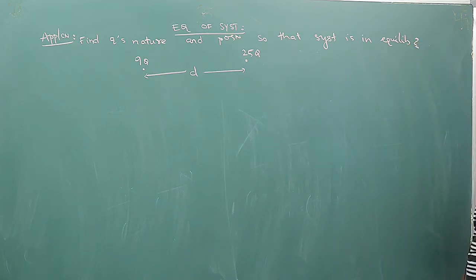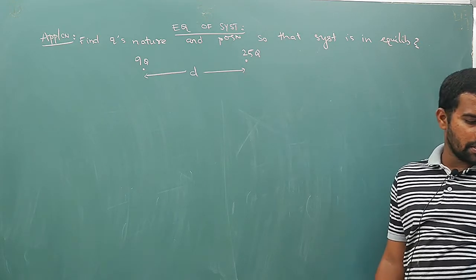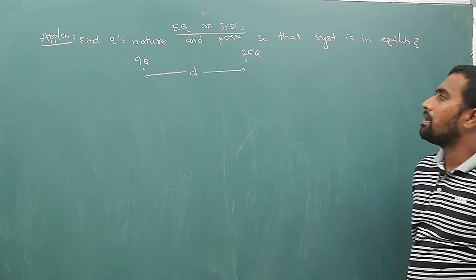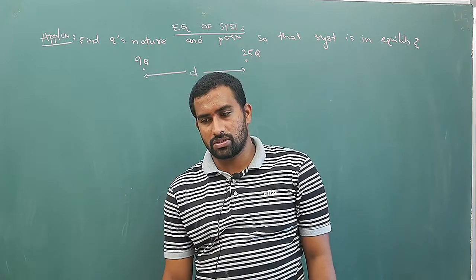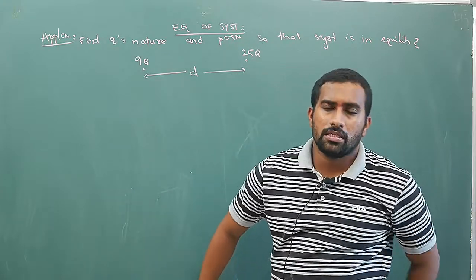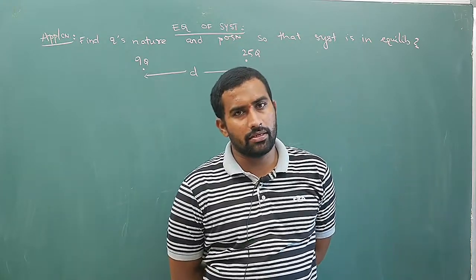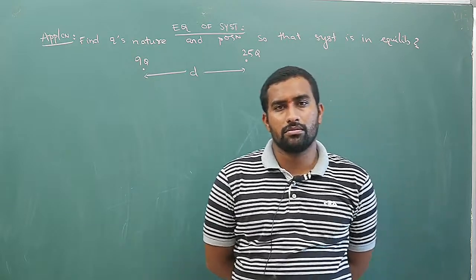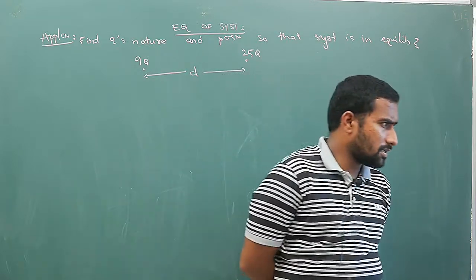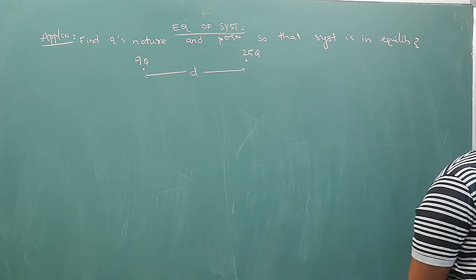Now I want you to try it, then I will discuss the solution: whether you have to place a positive charge or a negative charge, and then its position and magnitude. Try the answer for a minute at least.